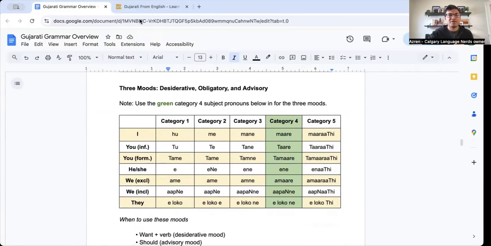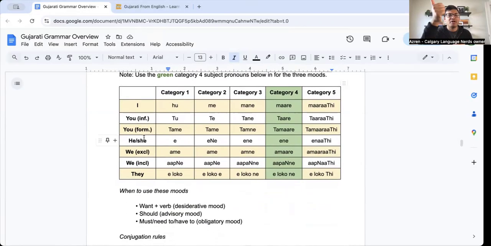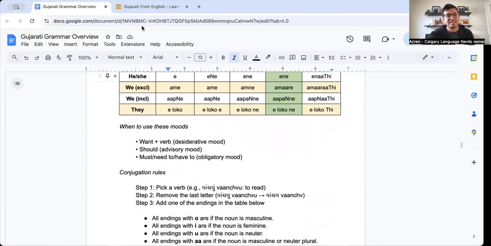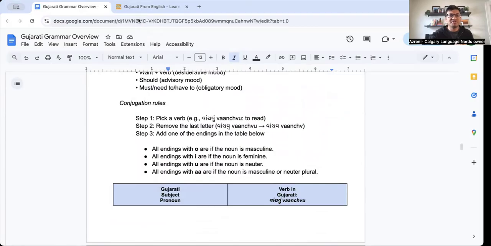Three moods. We're not going to worry about these technical terms, but in very simple terms, if you say want, or you say the word should, or you say the word must, we use these category four subject pronouns. So conjugation rules: pick a verb such as vanchvu, and remove the last letter.